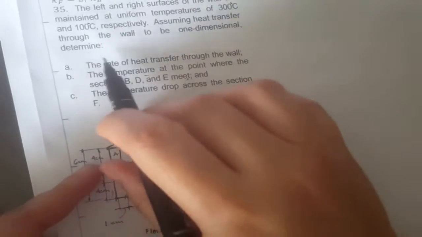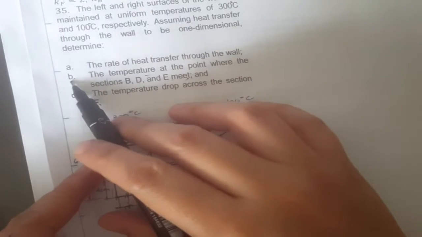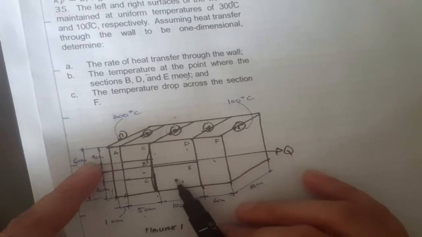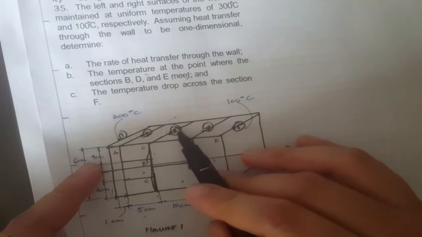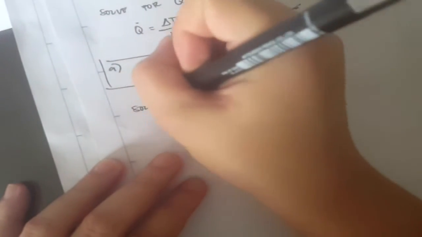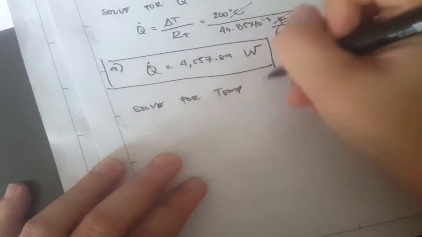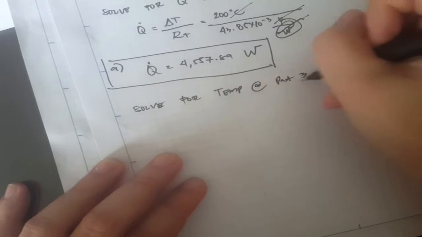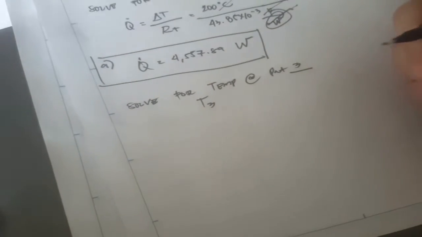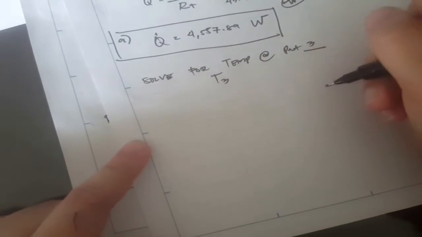Since we already know the heat transfer through the wall, we can now proceed to letter B, which is the temperature at the point where sections B, D and E meet, which is the temperature at point 3. Let's now solve for the temperature at point 3. Let's call this T3.